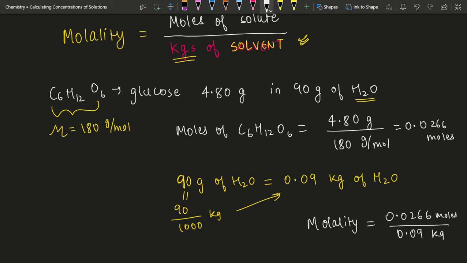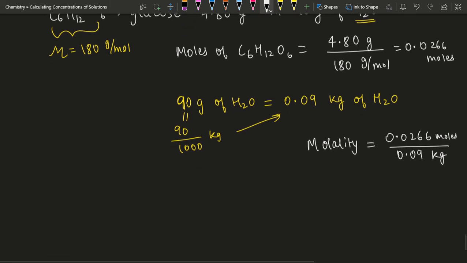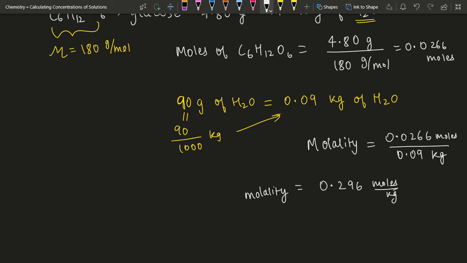And if you solve for that, which I don't expect you to do by hand, but if you can, that's really great, this is equal to 0.296 moles per kgs.